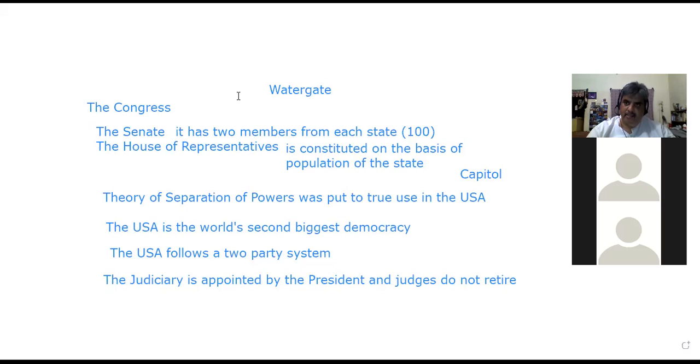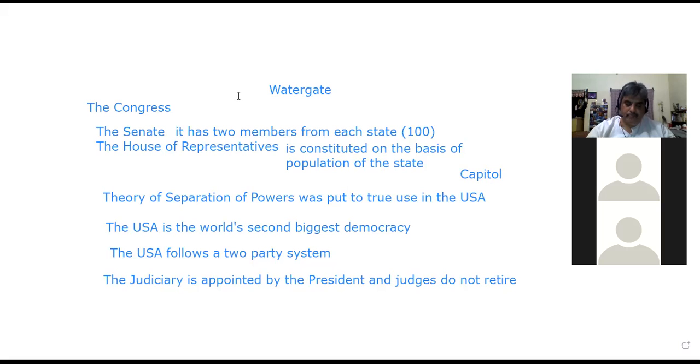The president has no powers here. The United Kingdom has no president. It has a monarchical head.